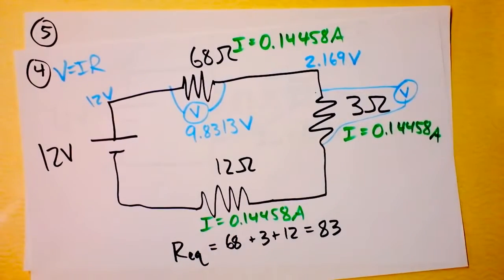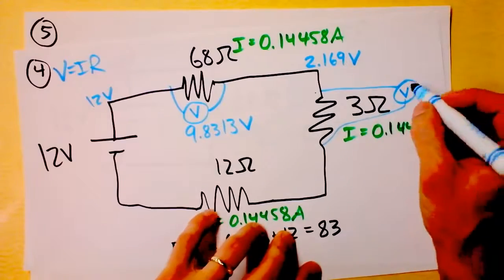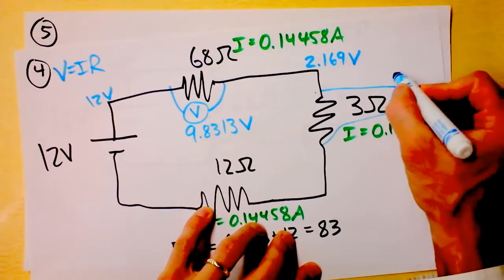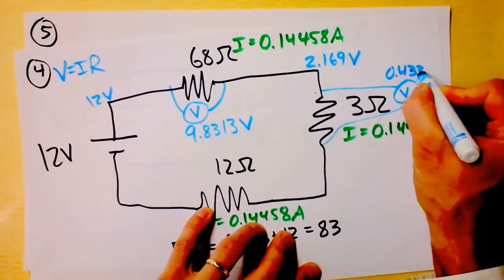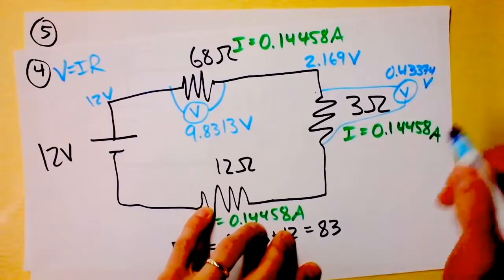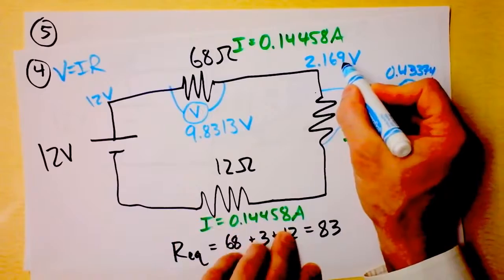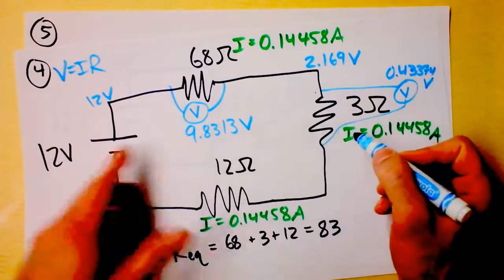Let's try that again. I'm going to go back up and get my 0.14458, and I'm going to multiply it by 3, and I find that the voltage drop here is 0.43374 volts. Which means if I take 2.169 and drop the voltage going through here, that's what the current does.